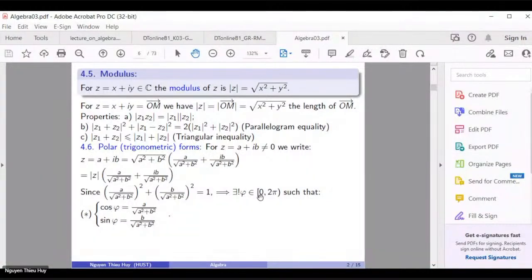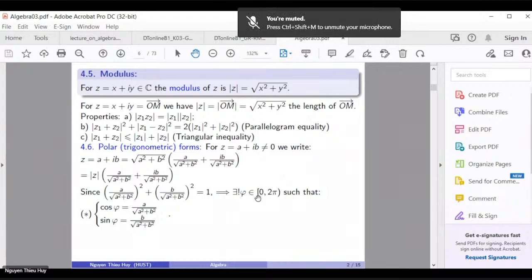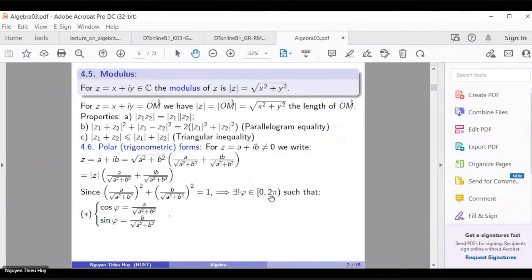And if we consider only the half open interval from 0 to 2 pi, then the angle is unique, right? So we obtain there exists a unique phi in this half open interval from 0 to 2 pi, such that cos phi equals a over square root of a square plus b square, and sine phi equals b over square root of a square plus b square.